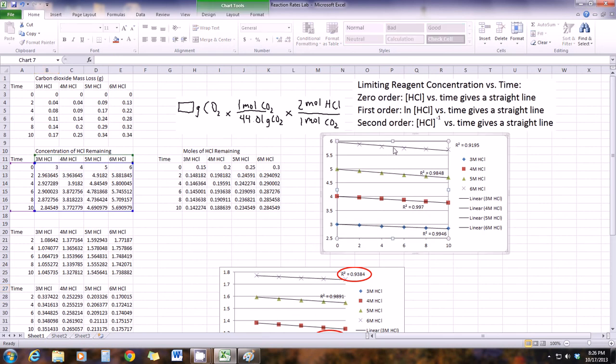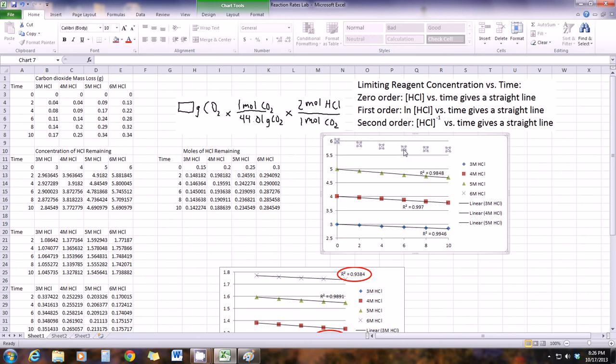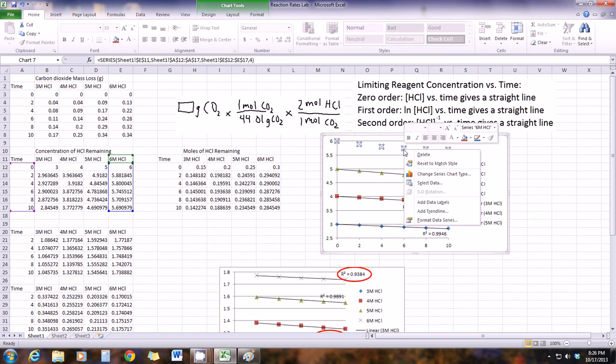Then I added a best fit line to each one of the data sets. So I'm going to remove this trend line so I can show you how I added it. I don't know if you're working with trend lines in class, but this is how I was taught to determine if the data set was close to being a line or not.